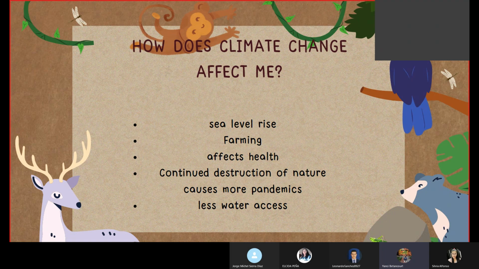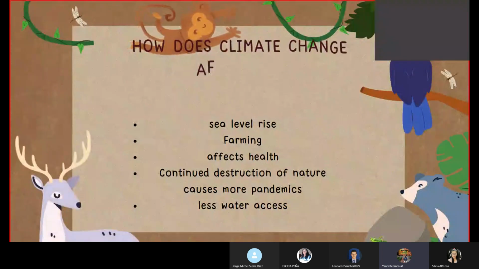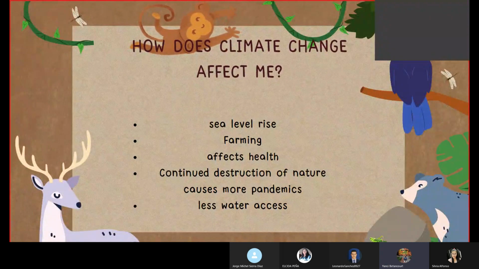It affects agriculture, as farmers around the world struggle to maintain their crops due to climate change. It also affects health. Factors such as rising temperatures, unpredictable precipitation patterns, and drought affect the availability of water from lakes, rivers, and groundwater.